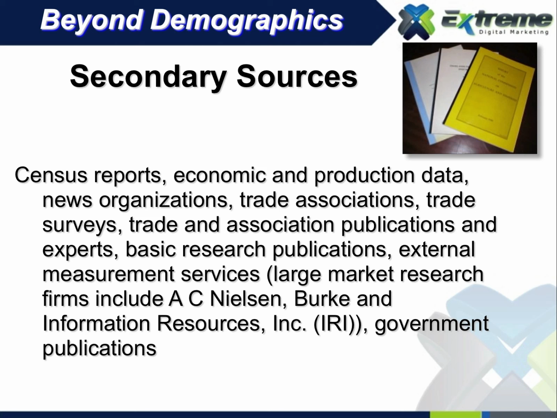And then you can also go to large external measurement services such as AC Nielsen. Nielsen has got amazing information. Burke and Information Resources Inc., and other government publications. And don't forget about Gartner, the Gartner Group, and Forrester. They do some absolutely incredible research. But unfortunately, with those groups, as with Nielsen, that information is very expensive.